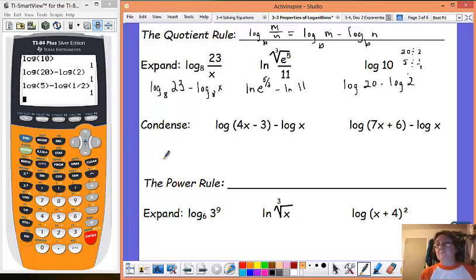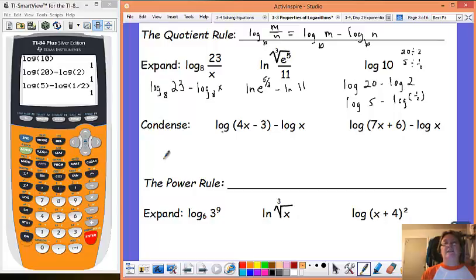There are certainly many others, but I chose this one, the log of 5 minus the log of 1/2. And I'm going to just ask you to take a look at my calculator screen, and you'll see, sure enough, all of those. The log of 10 is 1, since the power you raise 10 to get 10 is 1. When I did log 20 minus log 2, I also got 1, and log 5 minus log 1/2 gave me a value of 1. So that's the expansion with the quotient rule.